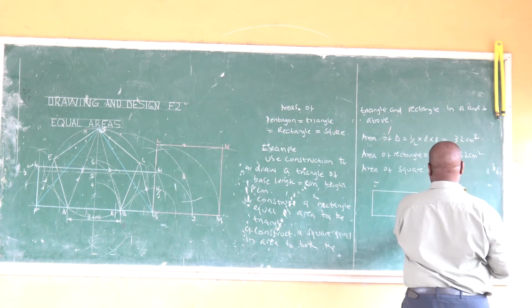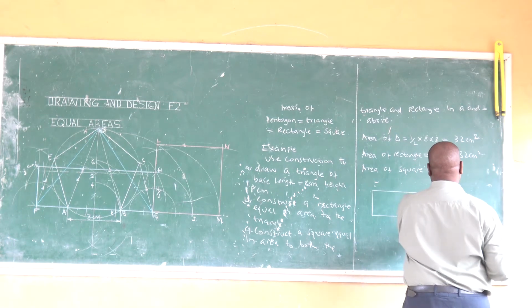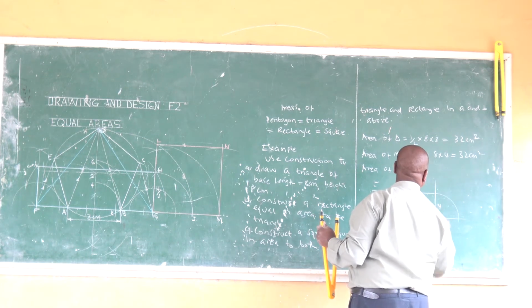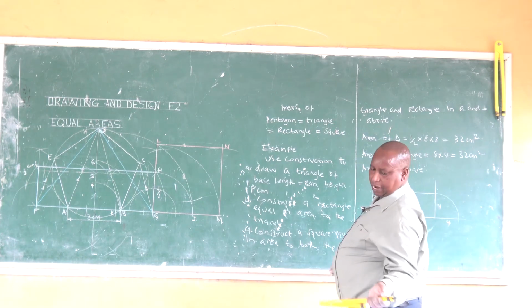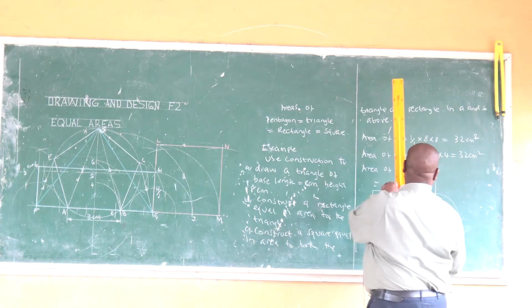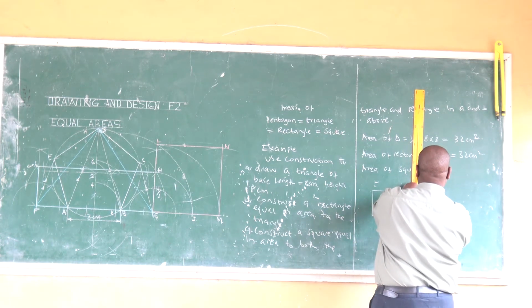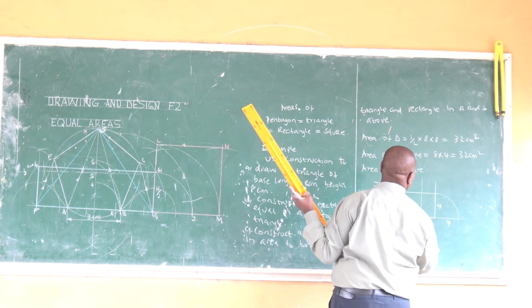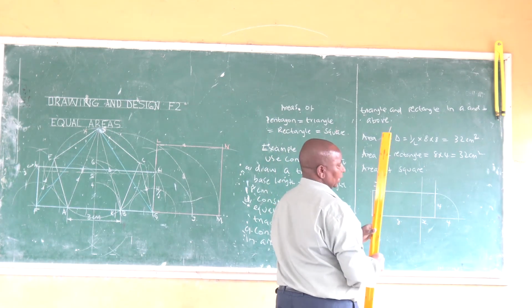And the reasoning here is simple, that when we bisect, if this one is 8, and this one is 4, then a line bisecting 8 plus 4 will come to 12. It will come to 12 over 2, and that one will be 6. So it will come to around there, so that is the point X, which is a bisector.